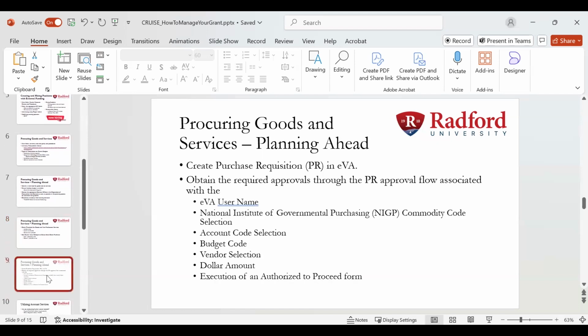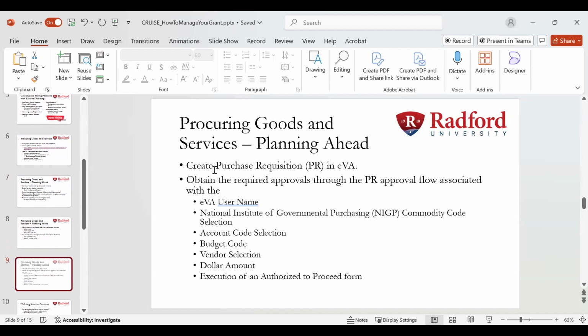Move on here. Just some other things to think about when procuring goods and services, obviously planning ahead. This would be people in the department who are working with faculty members in terms of creating purchase requisitions. We use the EVA system.